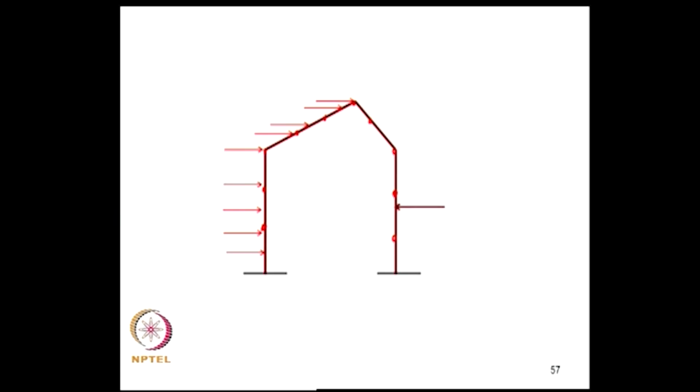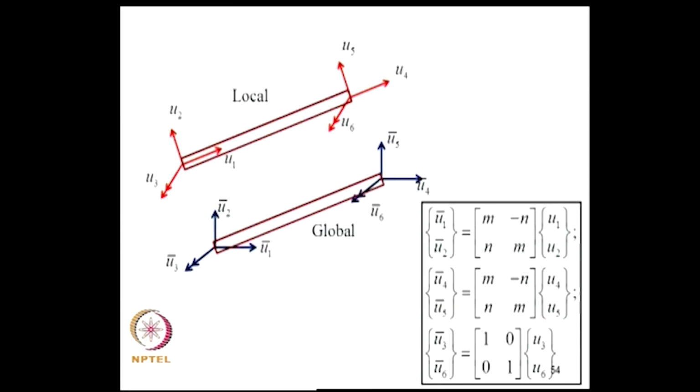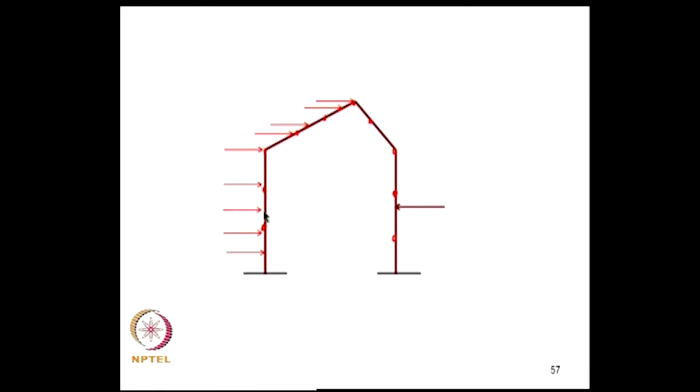So, now we have equipped ourselves with analysis of a 2D beam element. So, we can discretize this frame into different elements as shown here, and for each element I can use the 2D beam element that we have, 2 noded beam element with 3 degrees of freedom per node, for which I have the elastic stiffness matrix and the geometric stiffness matrix.